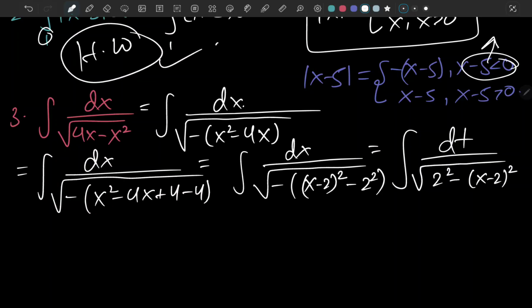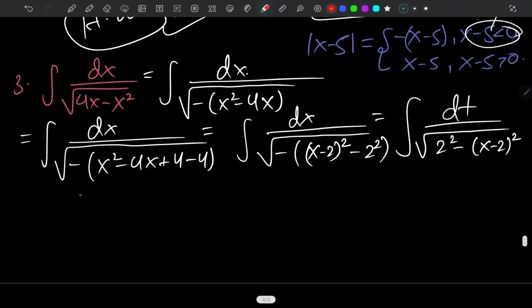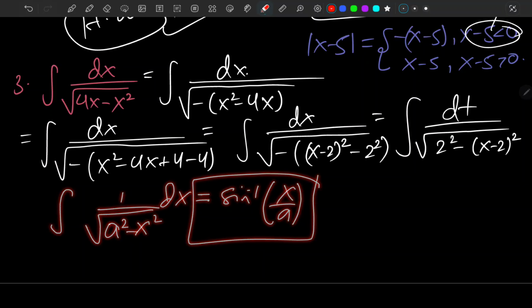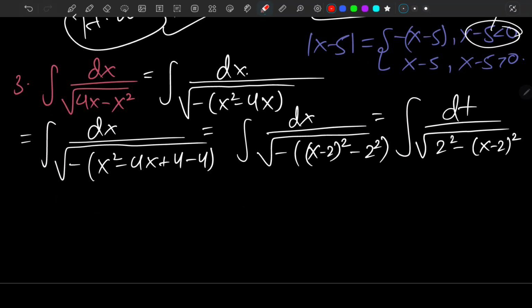And now maybe you can see it better, because it's a linear function inside, there is a method to solve this: the integral of 1 over the square root of a squared minus x squared dx is sine inverse of x over a. So that's what we are going to do.